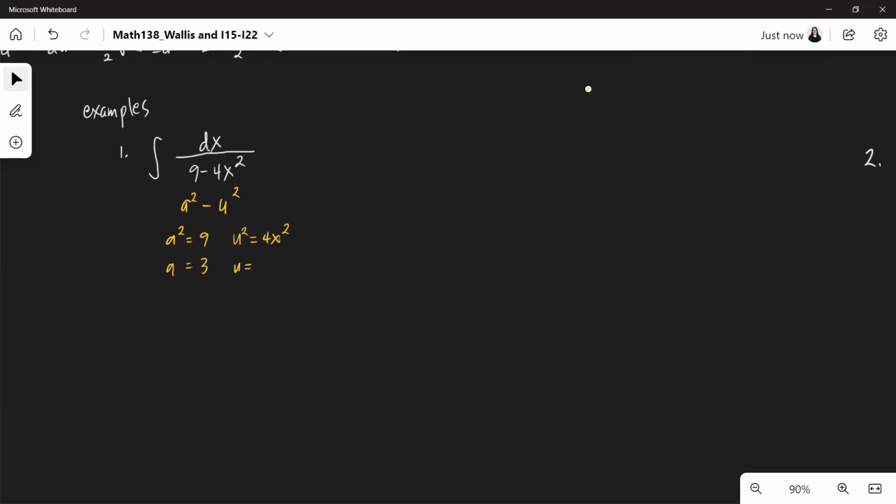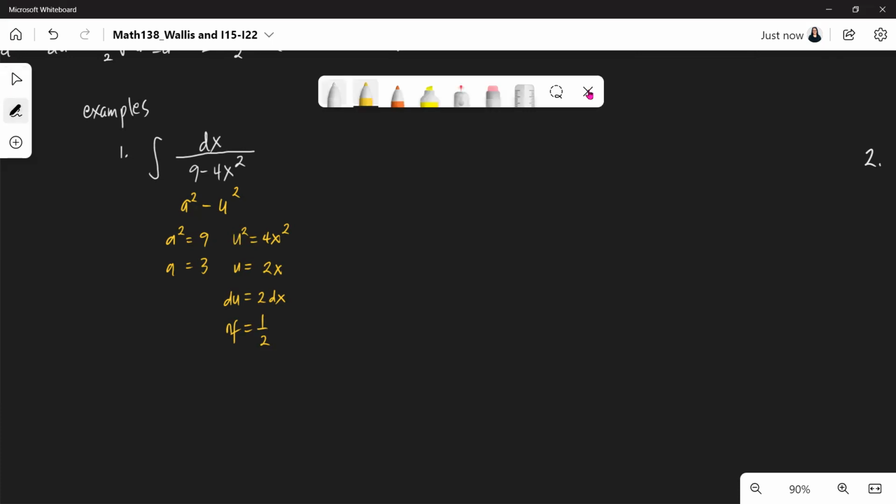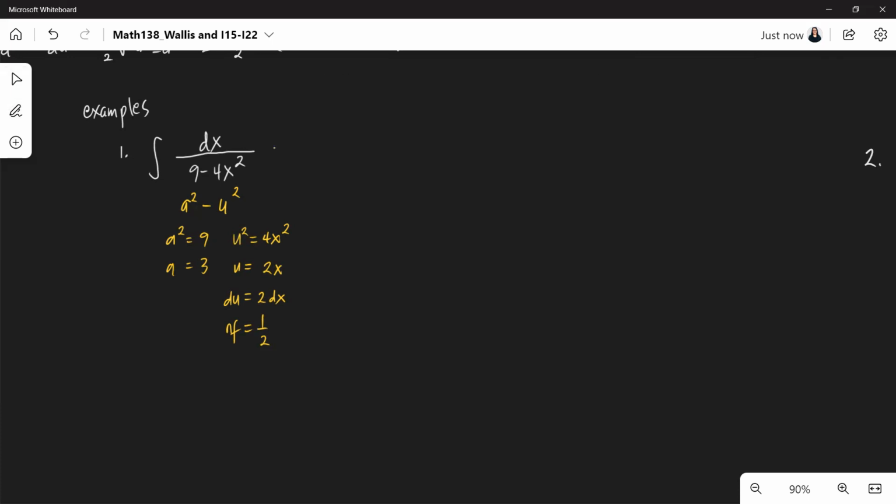So u therefore is square root of 4 is 2, square root of x squared is x, so u is 2x. And then du is 2 dx. So there is only a dx. So we need a neutralizing factor of 1/2, the reciprocal of 2, the missing factor to form the du.